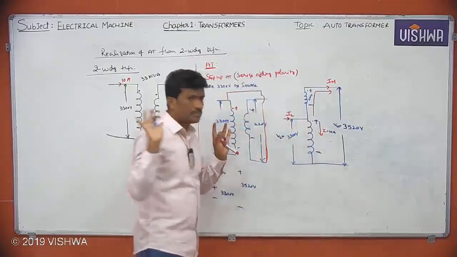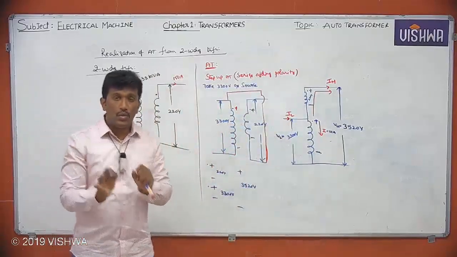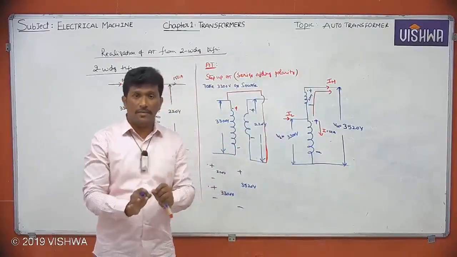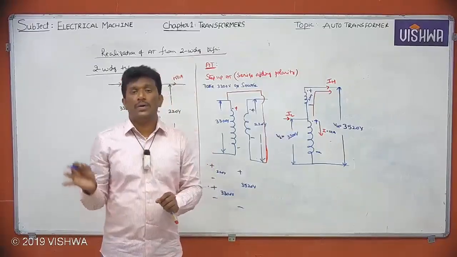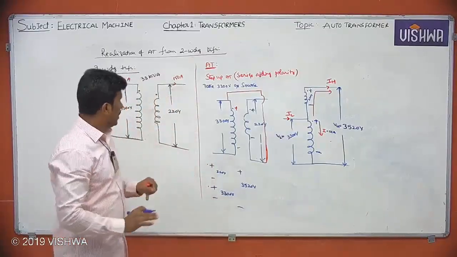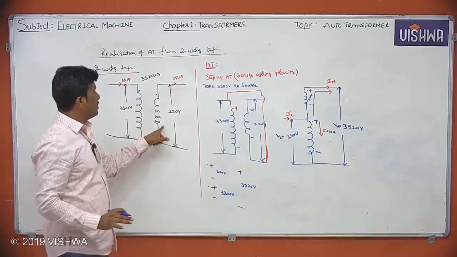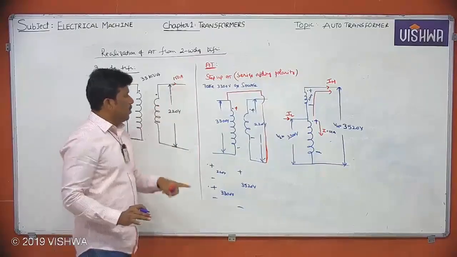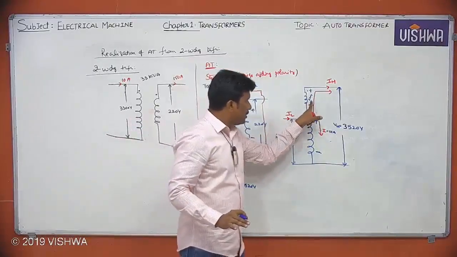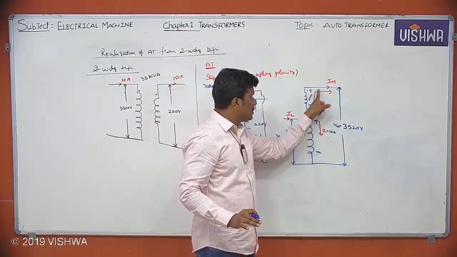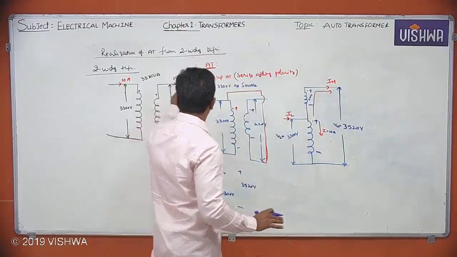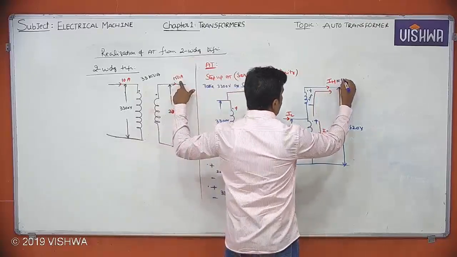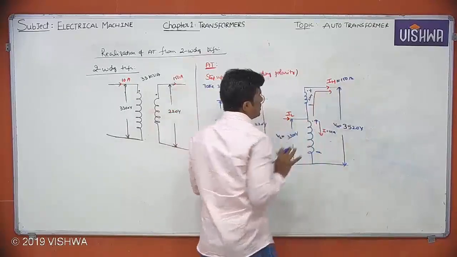Very important. Current flowing through particular windings will be the same in a two-winding transformer as well as in an auto transformer. Now see the current flowing through 220 volts, how much here? 150 amperes. Where is 220 volts here? This one. The current flowing through it is nothing but IH. Previously it was 150, now also 150 amperes through this 220 volts.